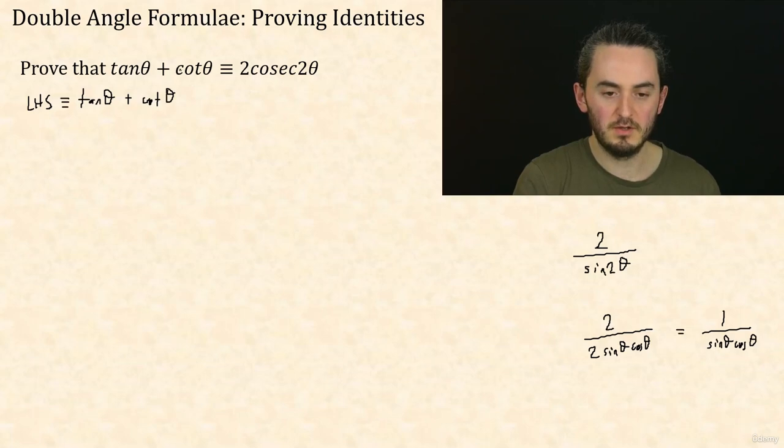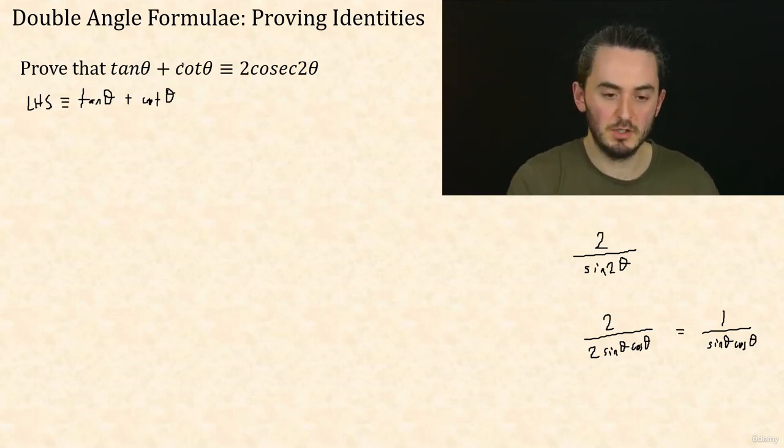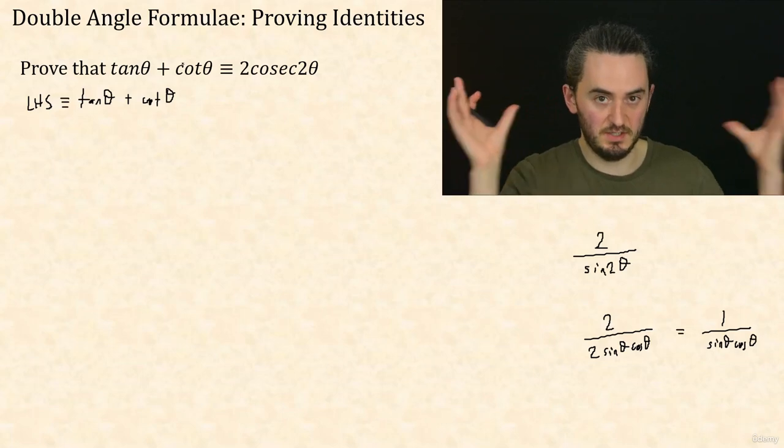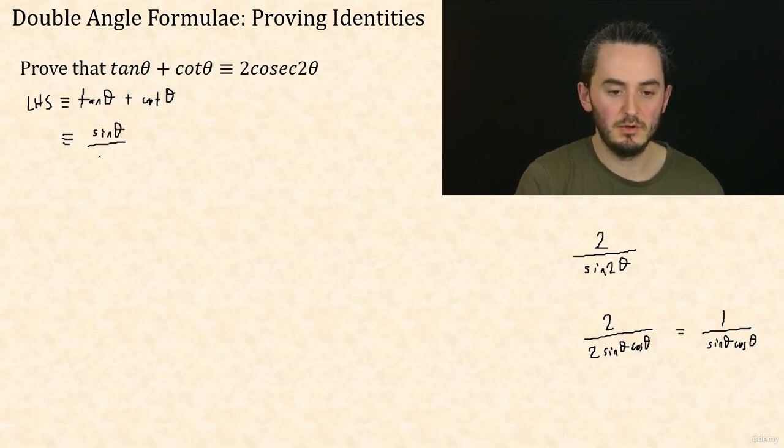Now, whenever one side has a different structure to the other, for example, 2 things added together on the left, and then just one term on the right, we're going to have to use algebraic fraction techniques to squish things together. So to do that, I better express these as fractions. So tan theta is sine theta over cos theta, and cot theta is cos theta over sine theta.